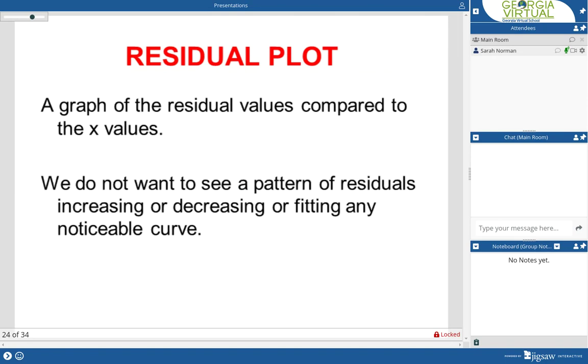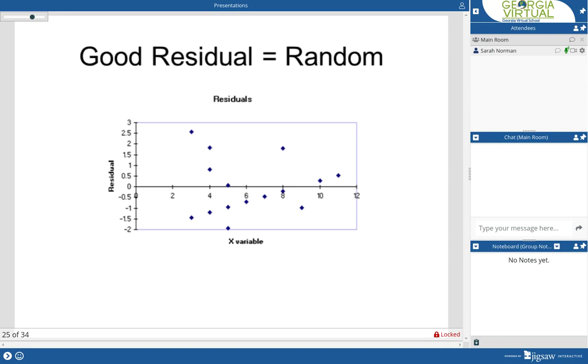So let's keep looking. Again, the residual plot is a graph of the residual values compared to the X values. We don't want to see any pattern of residuals increasing or decreasing or fitting any noticeable curves. It'll take you a while to understand why this is true, but let's take a look at some graphs here. This is the residual.